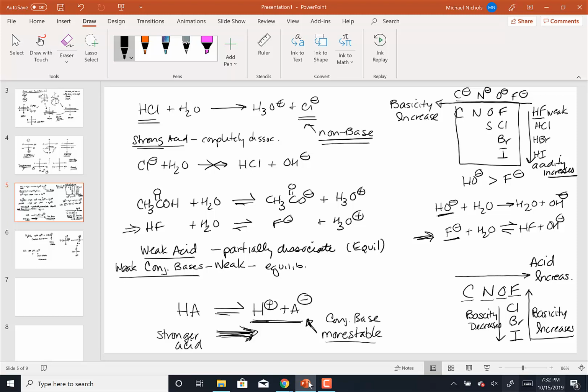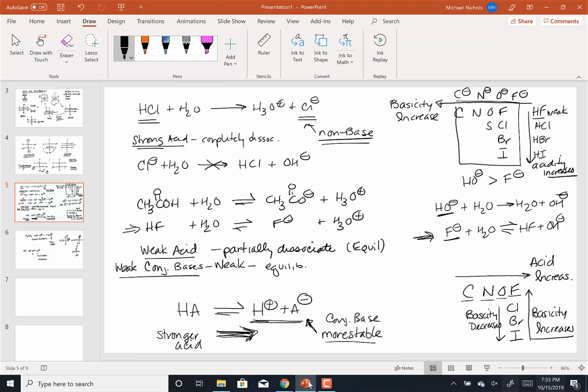Going down the periodic table, acidity increases. Going down the periodic table, basicity decreases. So again, it's always opposite relationships. So that is a not so quick review of basicity and acidity trends and what is a strong acid, strong base versus a weak acid, weak base.